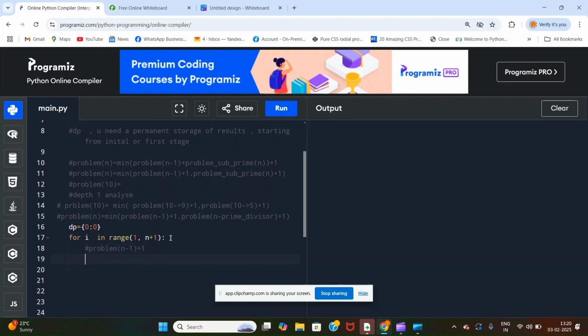Okay, so for this you need to write here sub problem 1 solution is equal to dp of I minus 1. Like अगर हमें 1 के लिए find करना है तो I am writing 0. 1 for 1 you will break down it into 0 and add it with the first step +1.